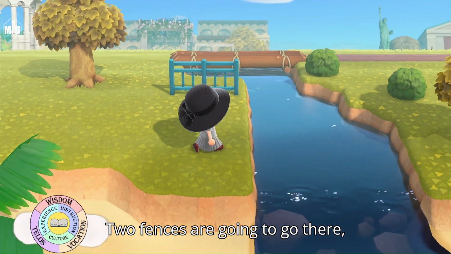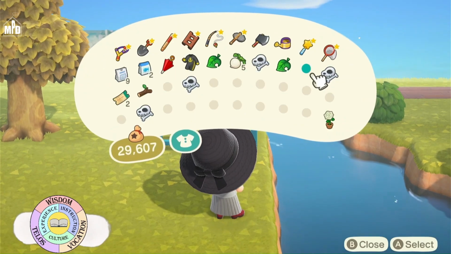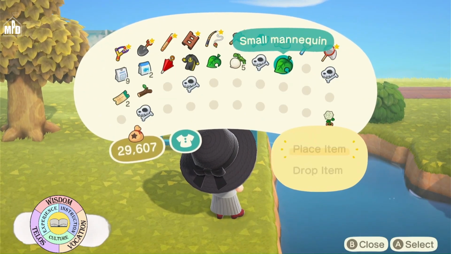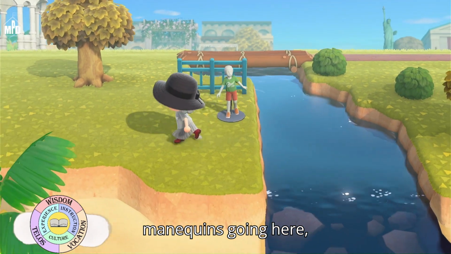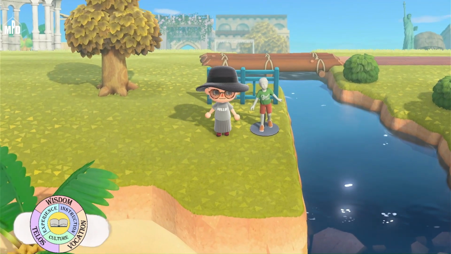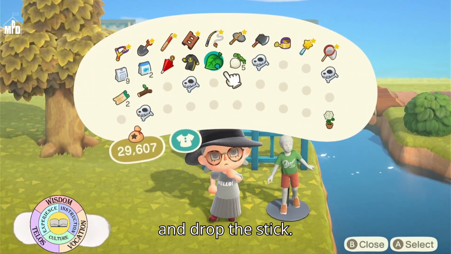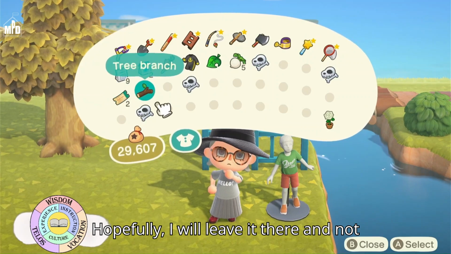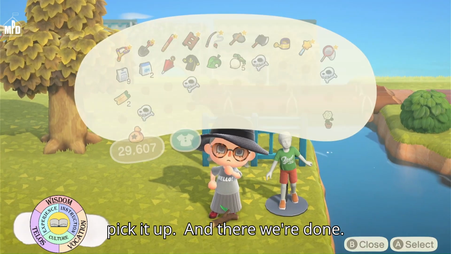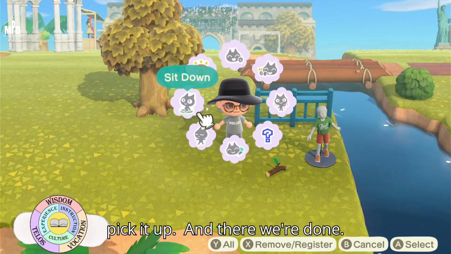Two fences are going to go there. Mannequins going here. And drop the stick. Hopefully I will leave it there and not pick it up. And there, we're done.